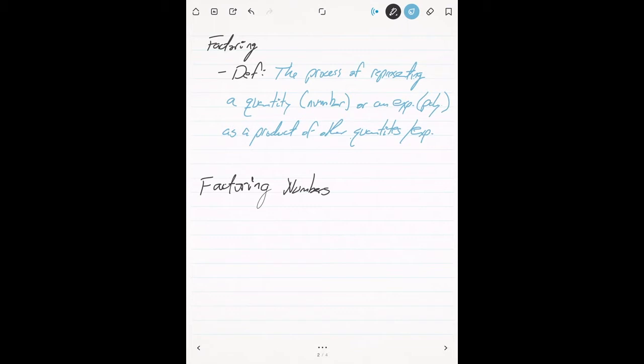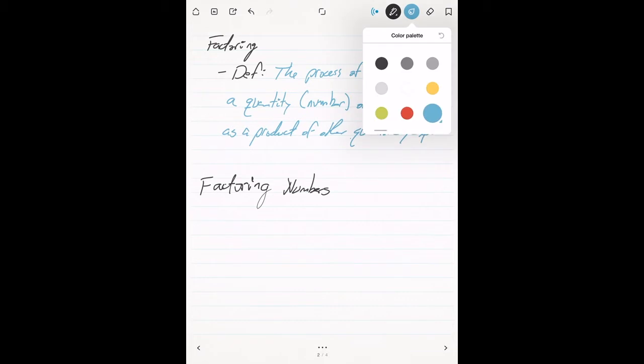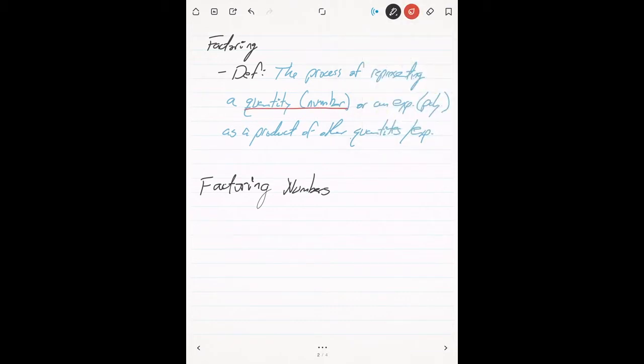So let's take a minute to really go over this definition. When we're factoring something, we are essentially taking a quantity or an expression. So you can factor down things like numbers. You can also factor down things like polynomials. And by factoring them, what we're saying is we are representing these things as a product.